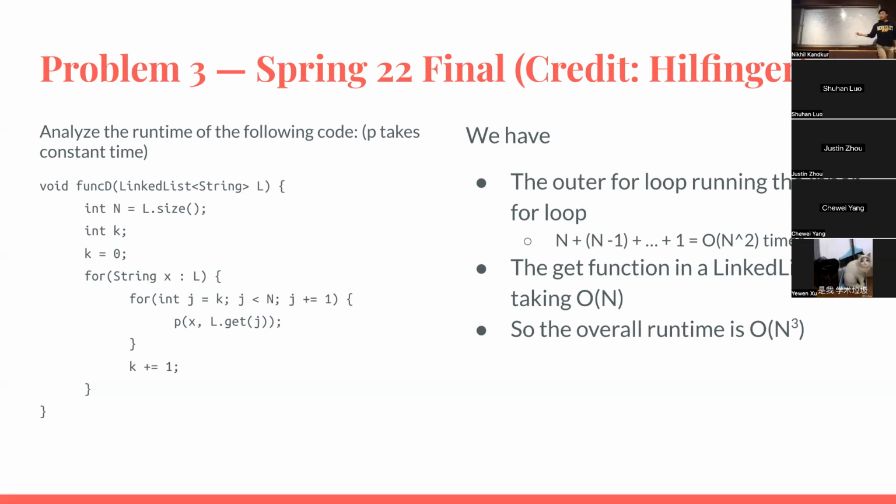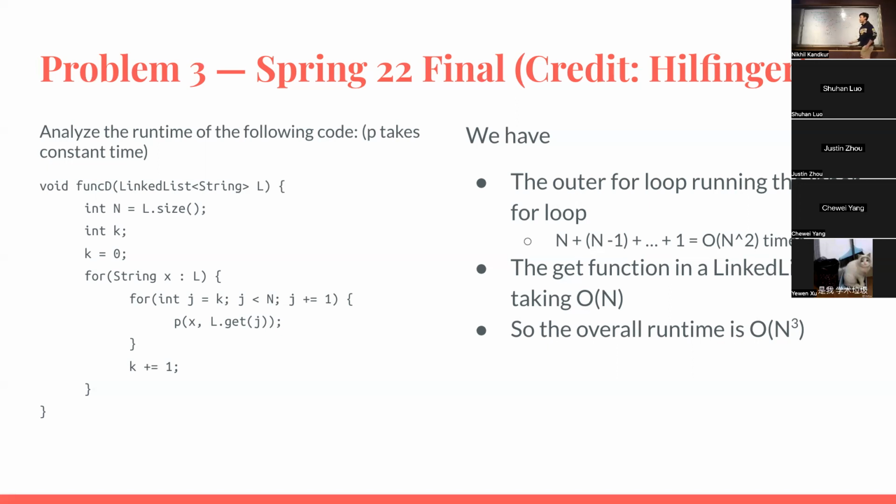This pattern should be reminiscent of one of the tips earlier, where this for loop runs whatever is inside of it theta of N squared times. So we know these two for loops account for at least theta of N squared. Now we have to ask ourselves, what about the code that's getting run in the middle? Well, P takes constant time, but what about L.get?